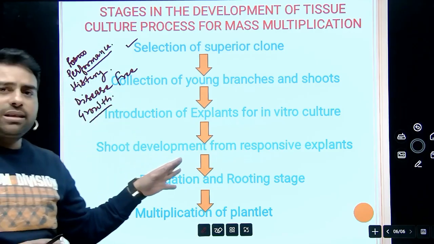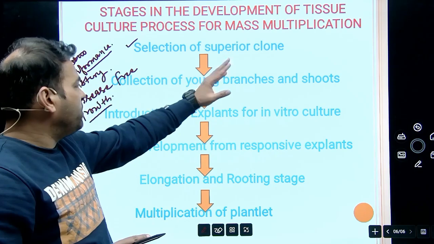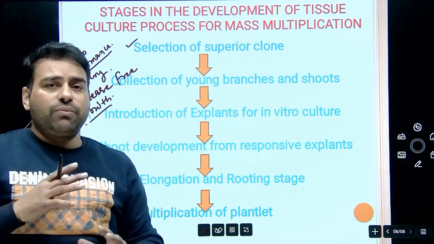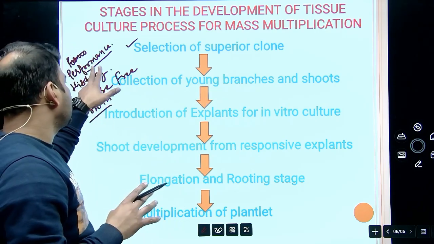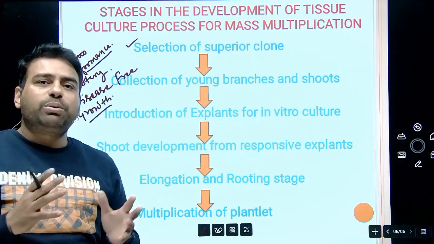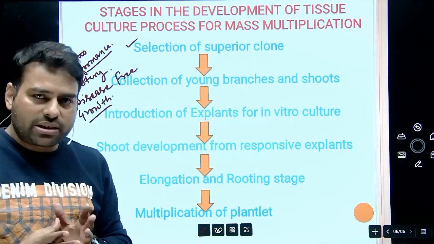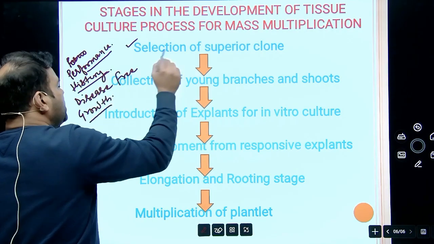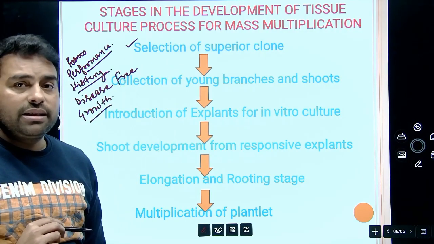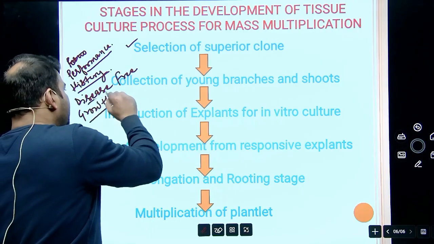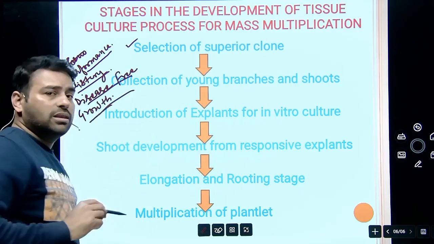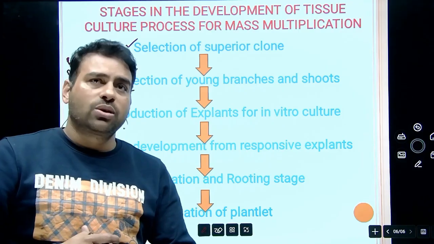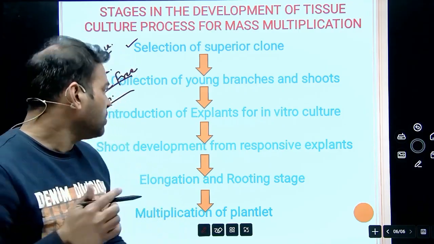These are the parameters for selection of a superior clone. The plant performance should be very good in terms of production, the genotype history should be very strong, the plant should be disease free, and the growth should be very good in adverse conditions also.